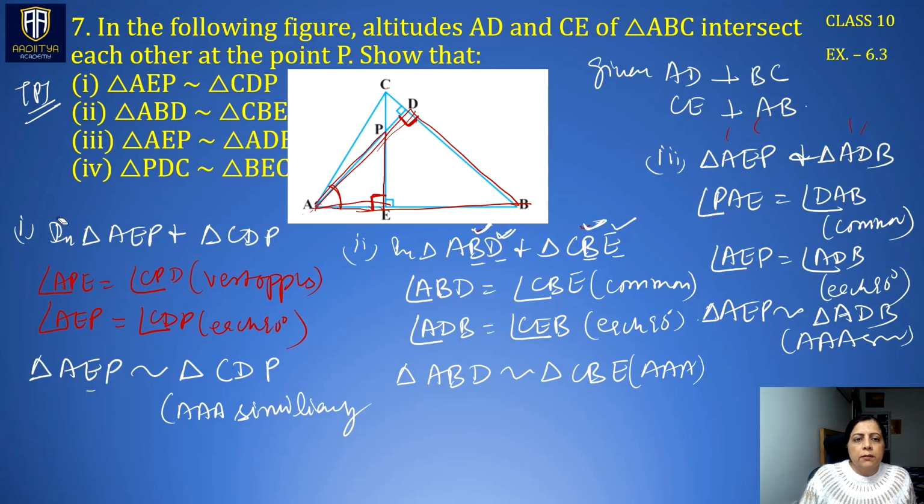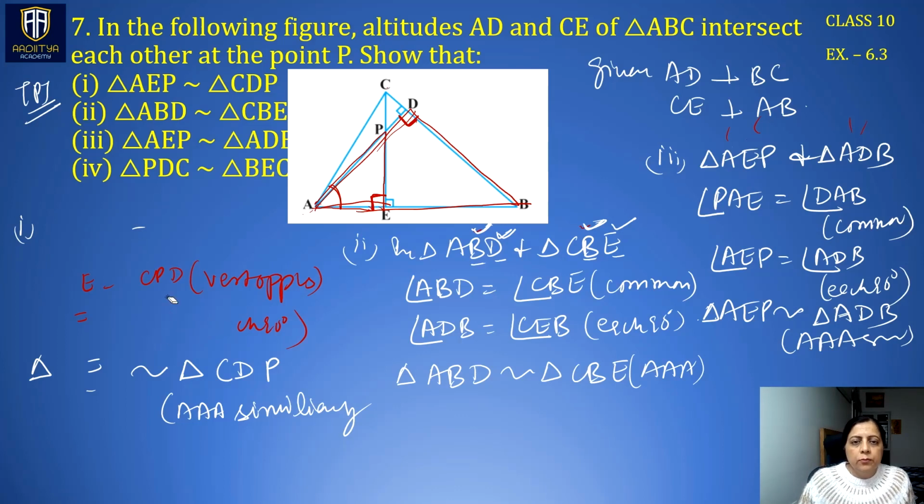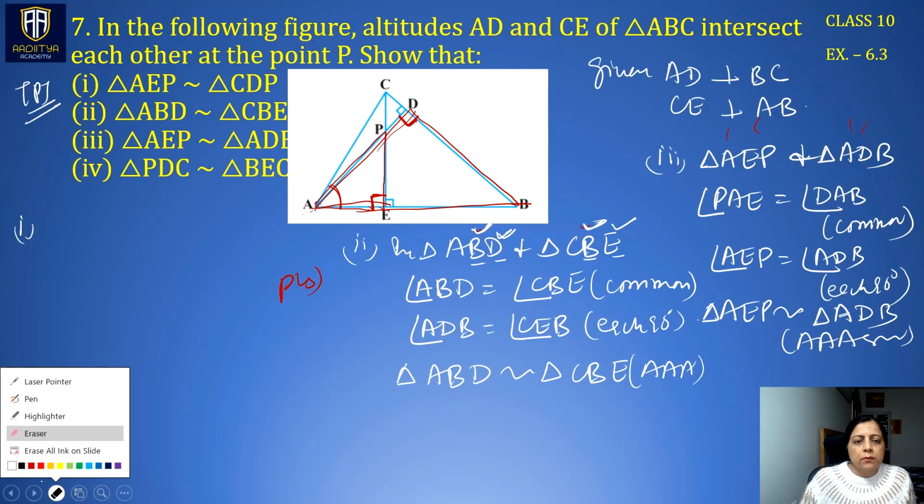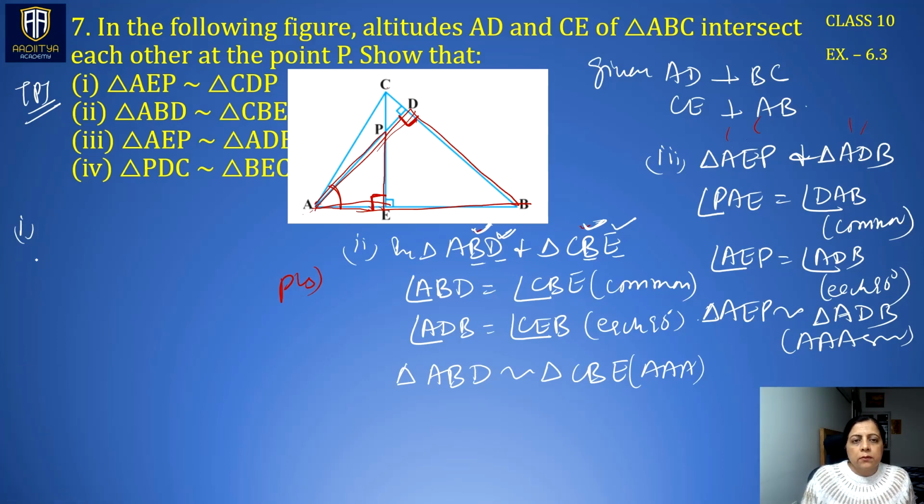Now the last part is PDC is similar to BEC, right? So the fourth part is in triangle PDC and triangle BEC.